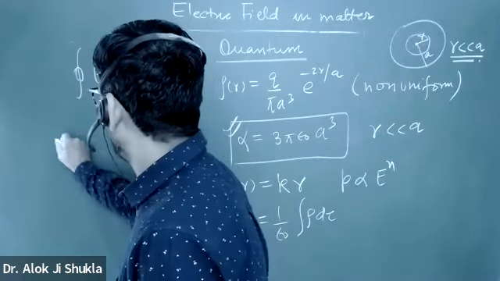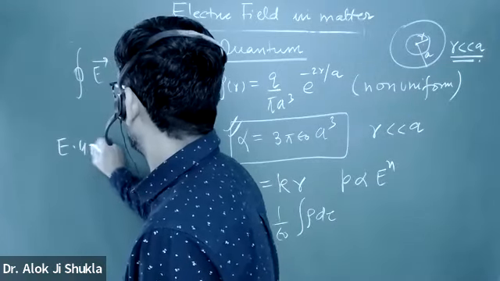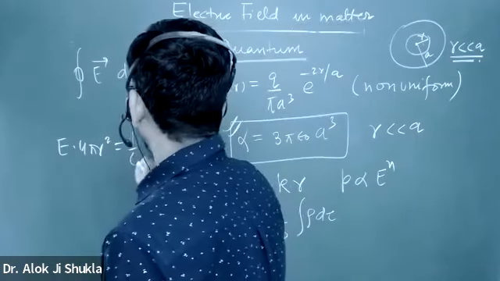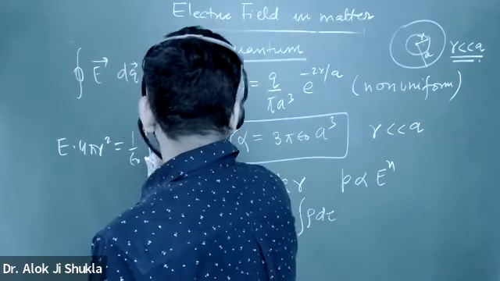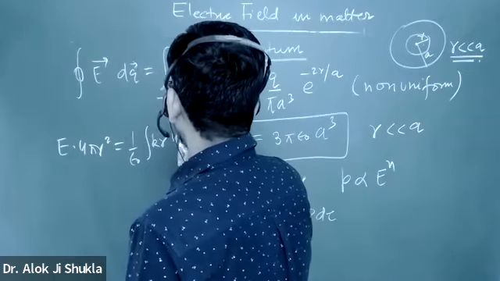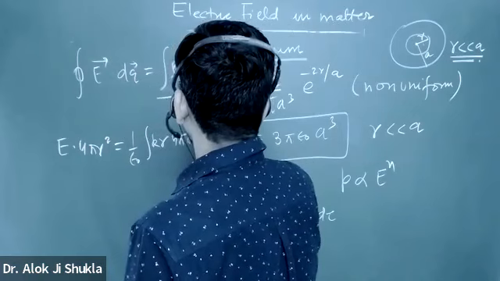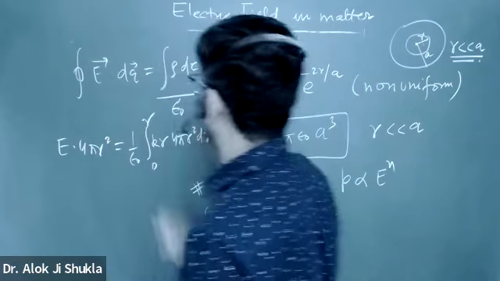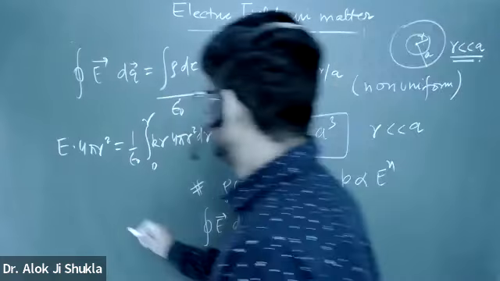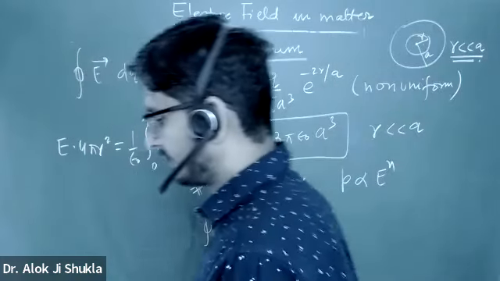Electric field E into 4 pi r square will be equal to 1 by epsilon naught and integral rho is kr and d tau is 4 pi r square dr. Let us consider it from 0 to r. Then what will happen? Calculate.